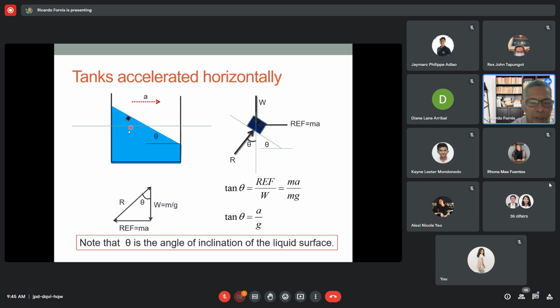Take note, there are so many particles here, and we are just considering a differential element, which is what we call a particle. On this side, the forces acting would be the same as the forces acting on this side. So we have a force acting at the bottom, and that is the reaction offered by the other liquid particles.